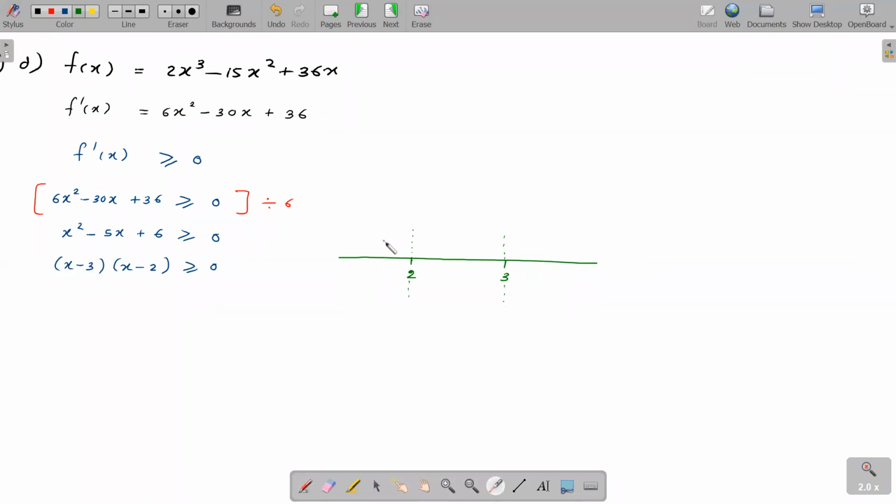Now you can see there are 3 regions here. The region that is less than 2 is my first region, the region between 2 and 3 is the second region, and the region after 3 is the third region. Basically all you need to do is determine whether it's positive or negative in each region. Okay, are you all with me?